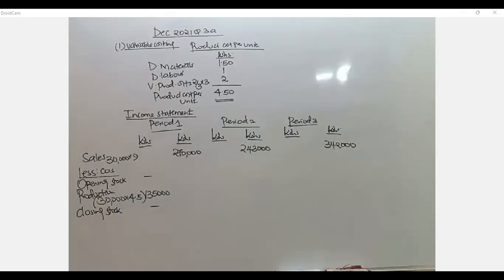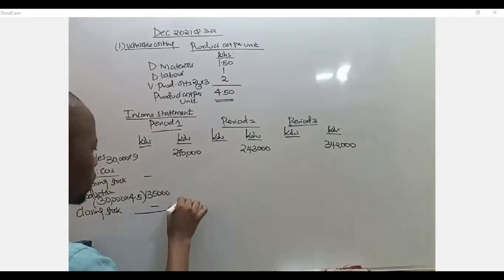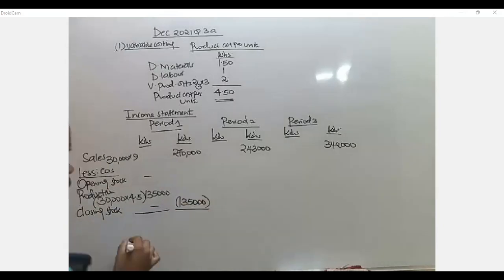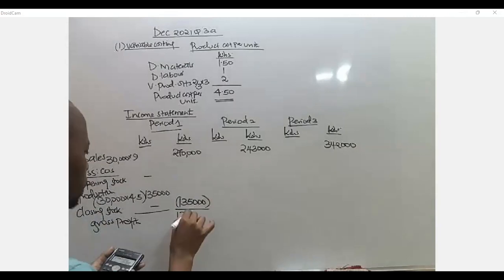Now, let us move on. When I look at the cost of sales under period 1, I have 135,000. So for the gross profit for the first period, 270,000 minus 135,000, I'm getting 135,000.